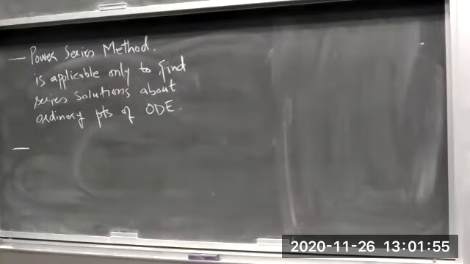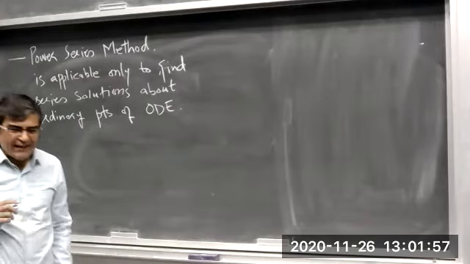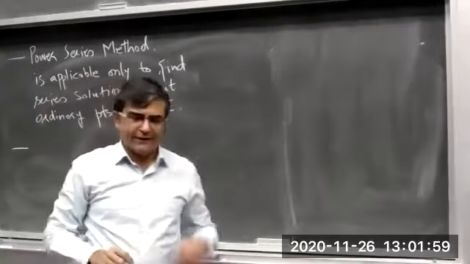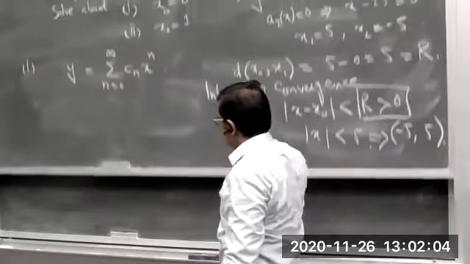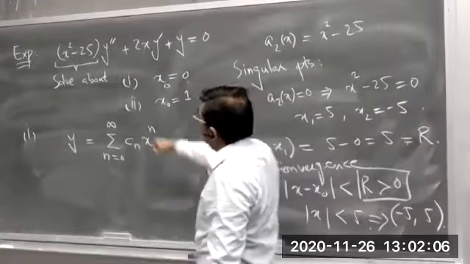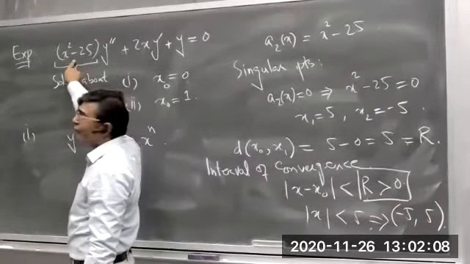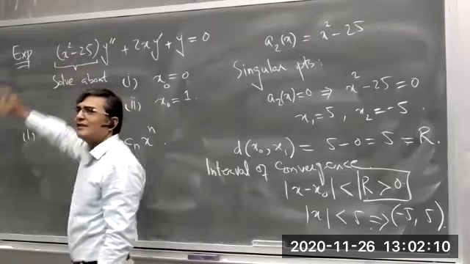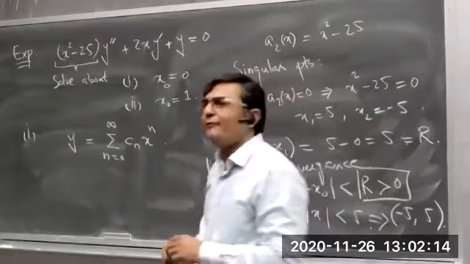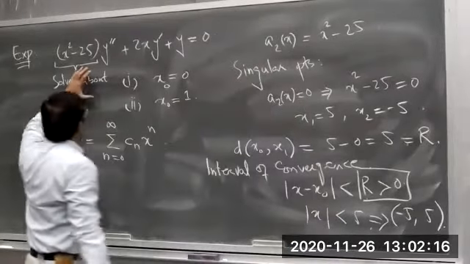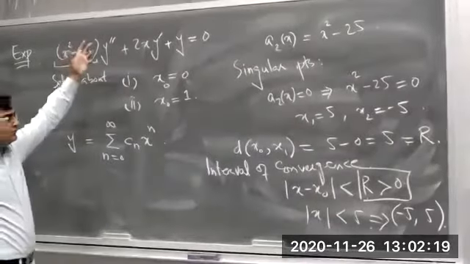Now, in order to find the series solution about the singular points, because in that previous example, x equal to 5 and x equal to -5 are the singular points of this differential equation. What if we need to find the solution about x equal to 5?